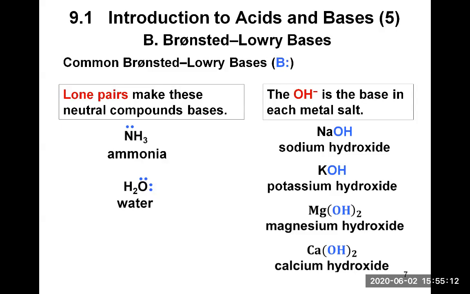And from group 2A, the alkaline earth metals like magnesium, calcium, strontium, barium, they also make ionic compounds with OH-, and these ionic compounds will be basic.